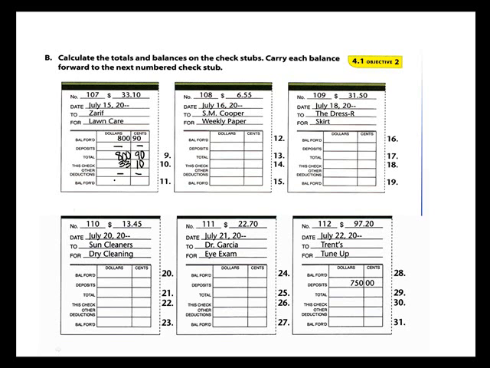That makes my new balance $767.80, which I will take to the very next check. So this is check 107, this is check 108. So this balance will now be brought forward to here.